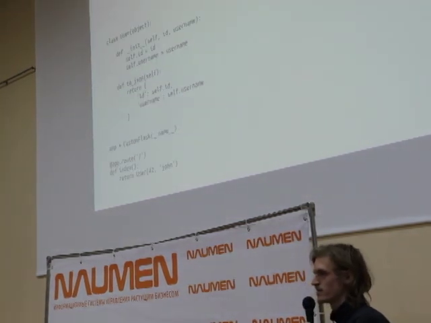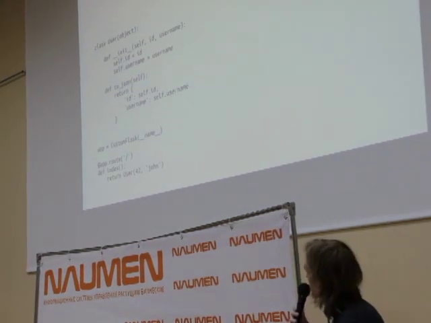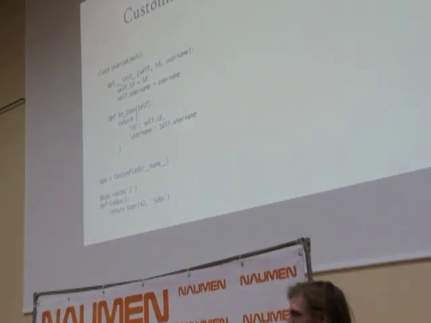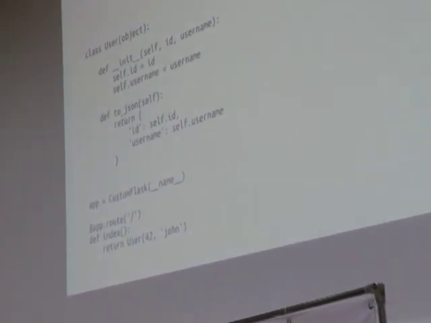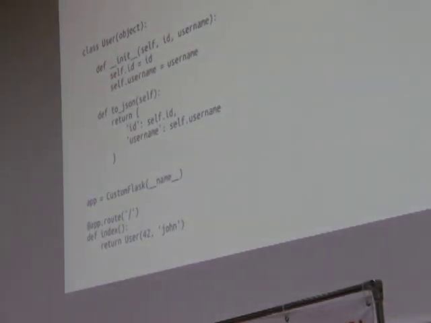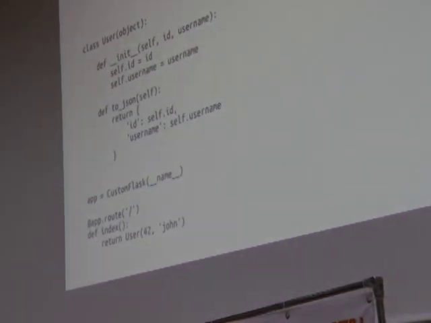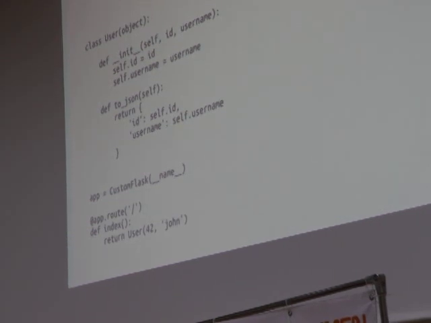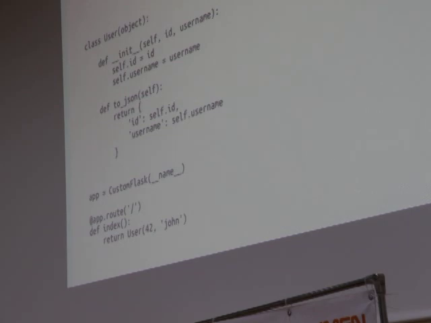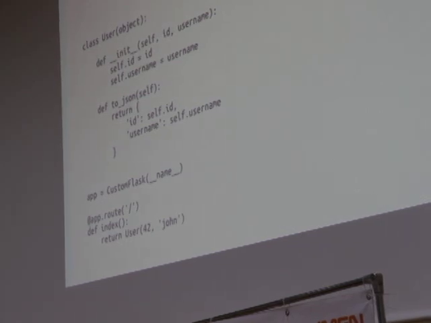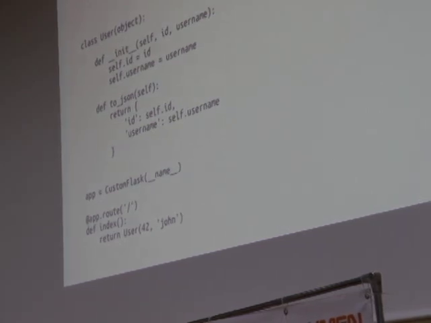So then all of a sudden, all of your functions change. You can directly return a user object from the function, and it will automatically create a JSON response for you. Now the reason why this is interesting is because one thing you can trivially do is unit tests based on the objects you're returning, instead of actually looking at the whole HTTP response. So in your unit test, you can just execute that function, and it returns a user object, and you can check if the user object looks like what you expect it to be.